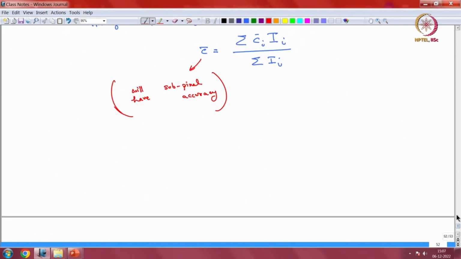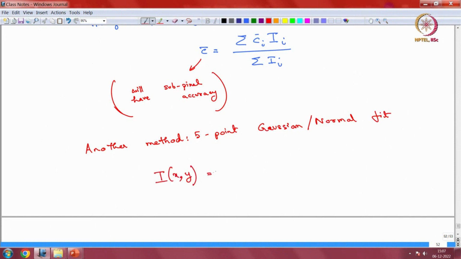Okay. I will discuss one more method before I stop today. Another method is often called the 5-point Gaussian or normal fit. So given the intensities, you can fit a curve, let us say the exponential, which has the form C0 plus C1x plus C2x square.